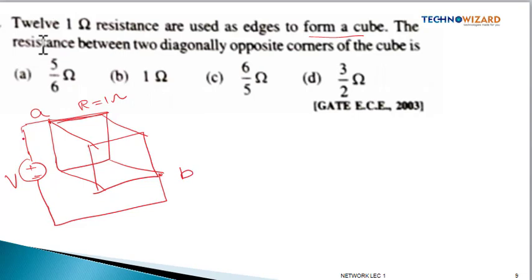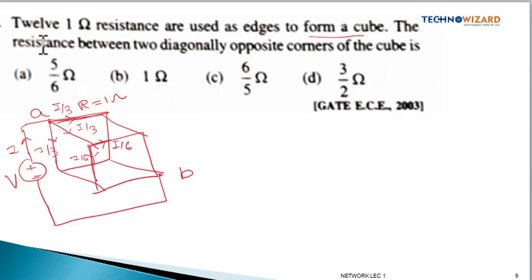So as a result of this voltage source, a current I will flow. At this node A, there are three paths available, right? So current will divide equally, that is I by 3 current will flow, because three paths are available and the value of each path is equal. Now this I by 3 current has two paths, so it will divide into I by 6 and I by 6.